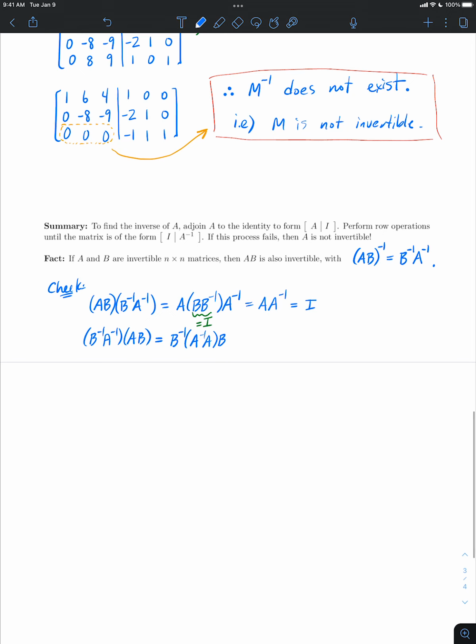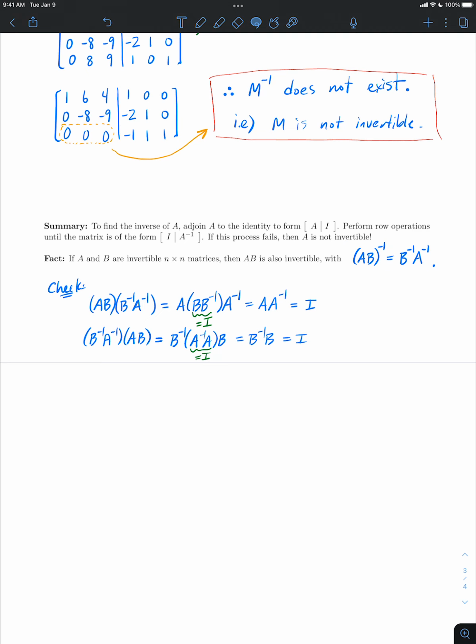So because of this, again, we can say this is equal to the identity, and then the next step, we're just going to have B inverse times B. And any matrix multiplied by its inverse is still just going to give you the identity. So that's the check. You multiply them in this fashion, you get the identity. Multiply them in this fashion, you get the identity as well. So that is the proof of this fact.